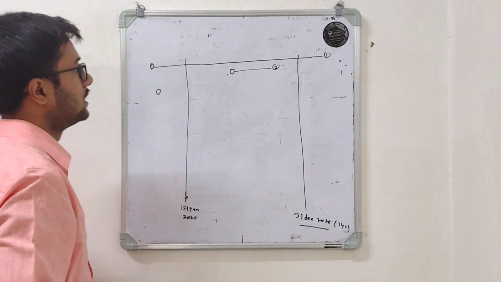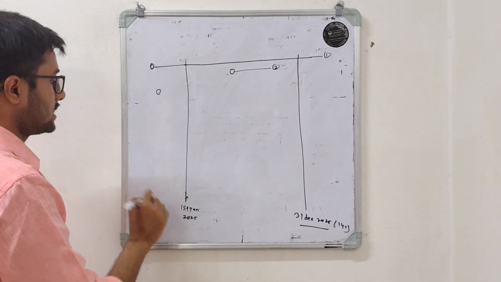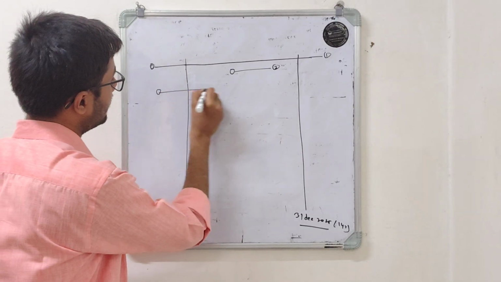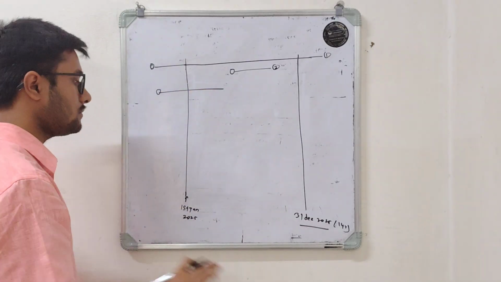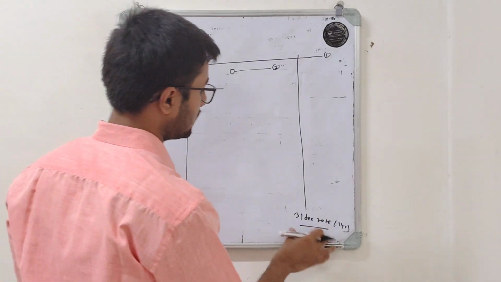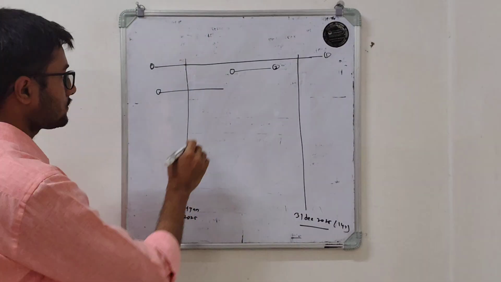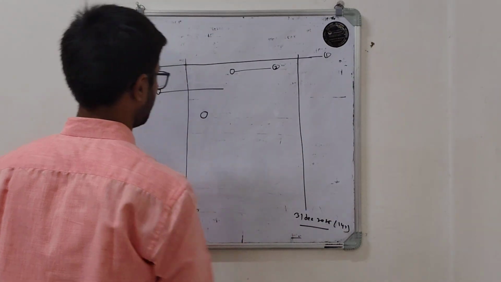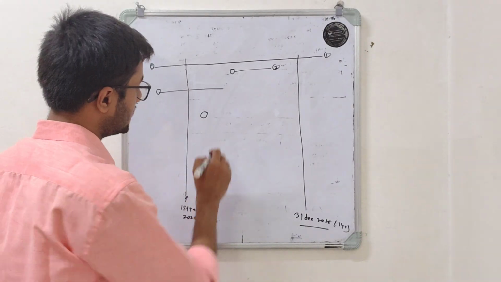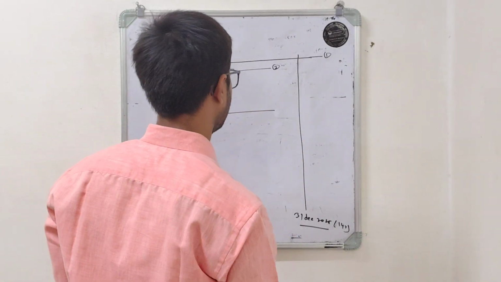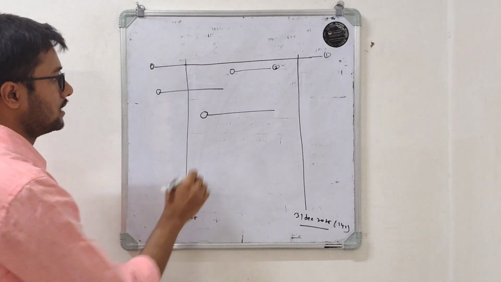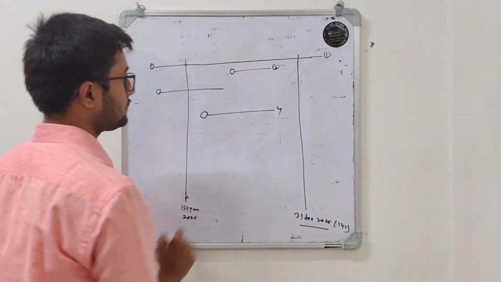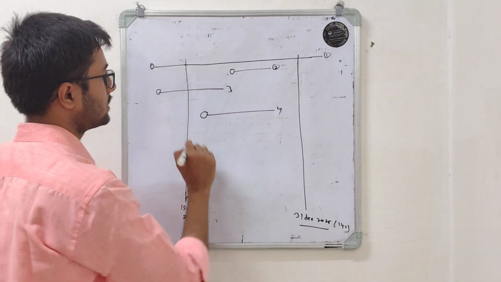In the third person, their disease starts before the 1st January and they recover before the 31st December. In the fourth person, disease starts after the 1st January and they recover before the 31st December. This is the fourth person, this is the third person.